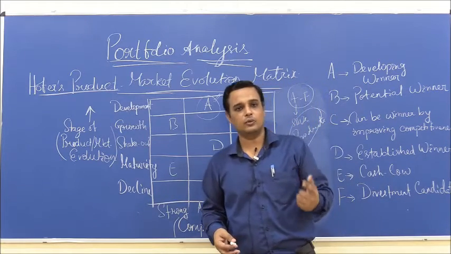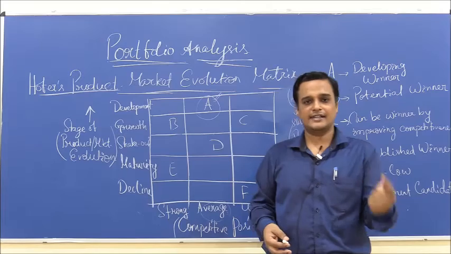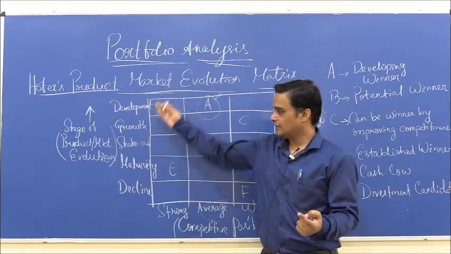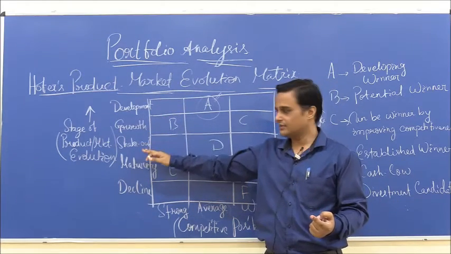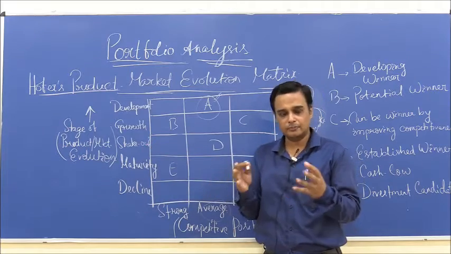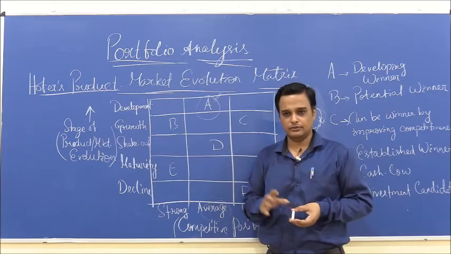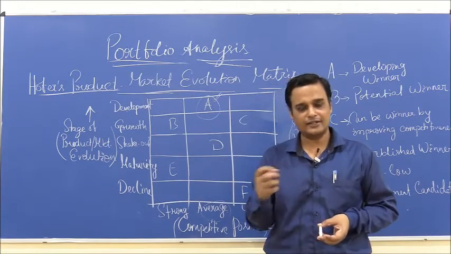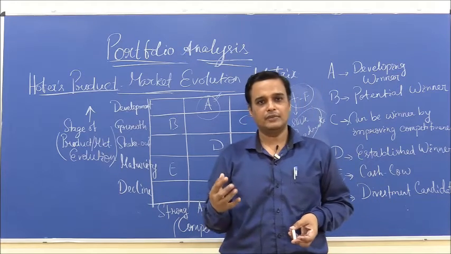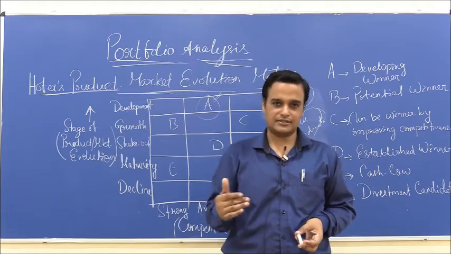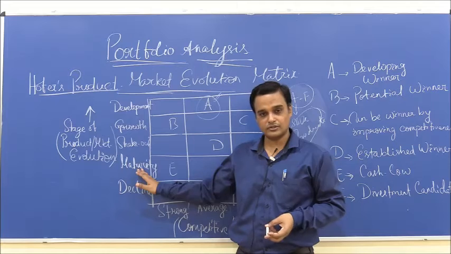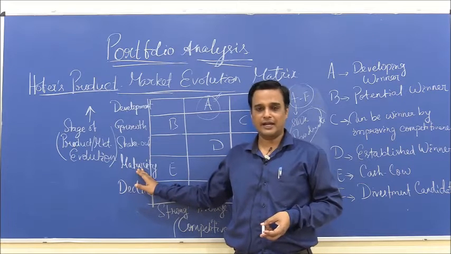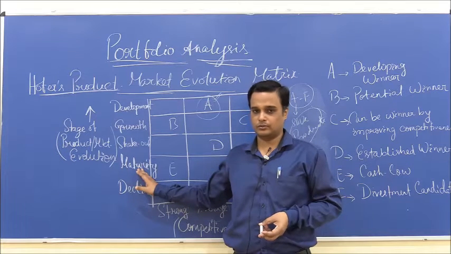The rate of growth of demand is not as much as it was in the previous stages. Even in the shakeout stage, if you adopt the right kind of strategy, if you make the right decision at the right time, you might be able to grow at a decent pace. But in the maturity or saturation stage, there is very little scope of further growth.